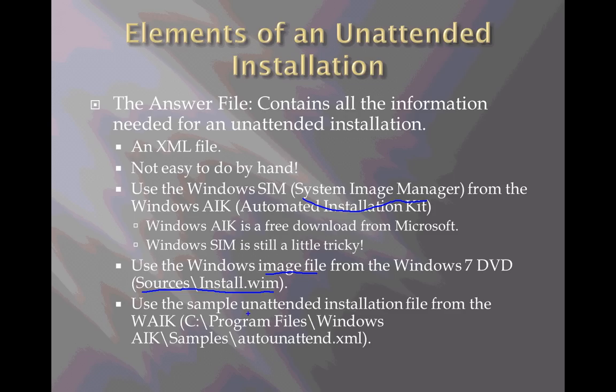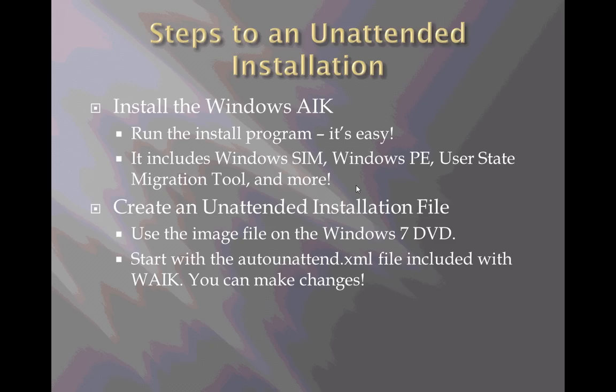The other thing we need to do an answer file is either to create an unattended answer file from scratch, or as we're doing, we're going to take the sample unattended installation file which came with the automated installation kit, and we're going to look at it and then modify it. And we actually already have looked at it a little bit.